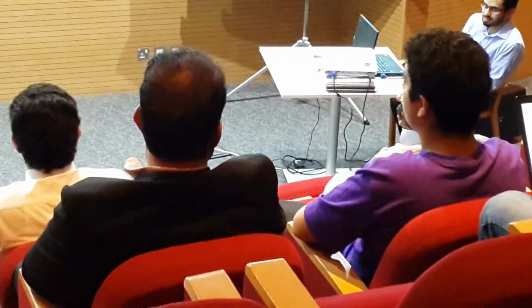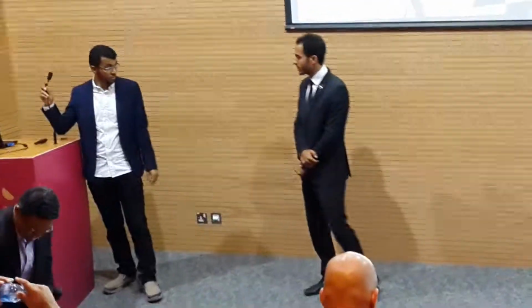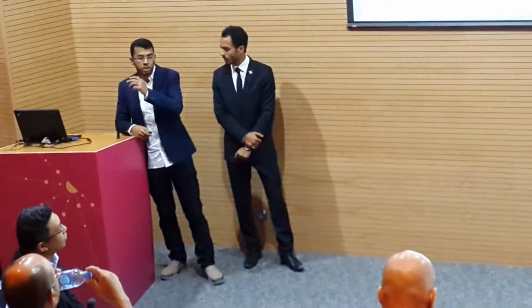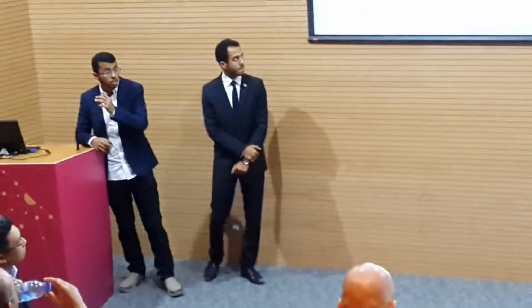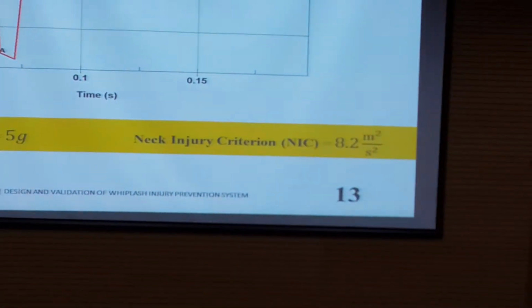Okay, my first question is why the NIC units are in m squared by s squared? Can you go back to this slide? You can tell me like that. It is the 0.2, the average length of the human neck. I mean to say why the units of neck injury are in m squared divided by s squared.